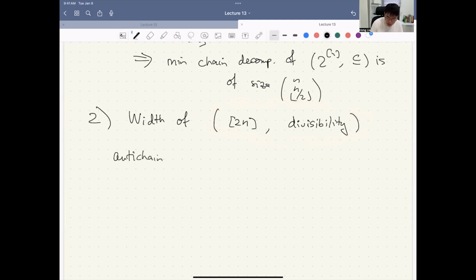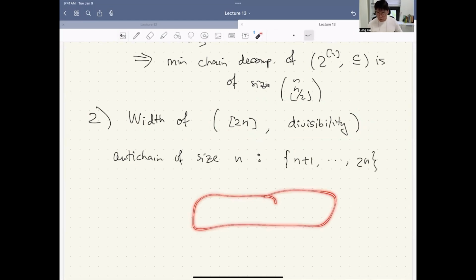Here's the anti-chain of size n. You just look at the last half. If you take the last half of this interval, 2n, nothing divides another because if you times 2, you go out.